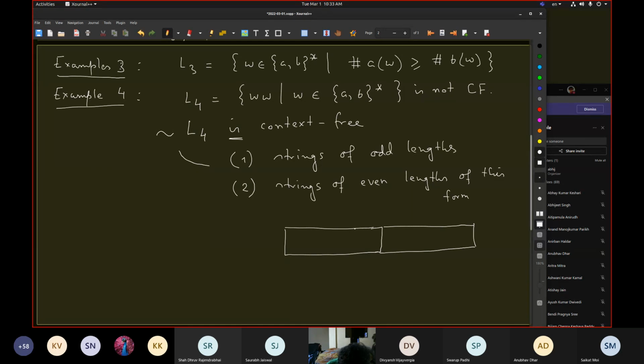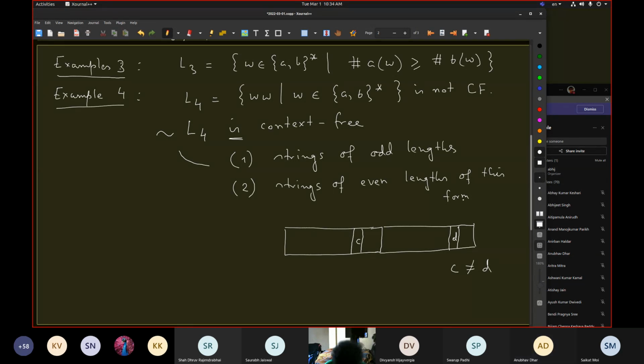And there must be a position like this and a corresponding position like this in the second half, such that this symbol C and this symbol D are not the same. For example, if I have A here, I will have B here. If I have B here, I will have A here. There must be at least one position where this happens. Agree?